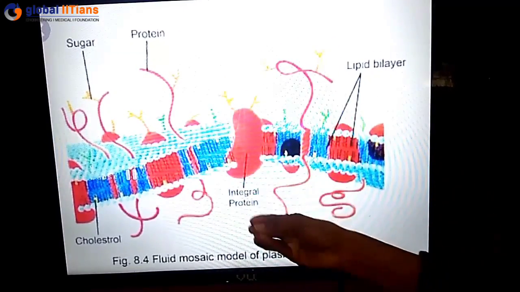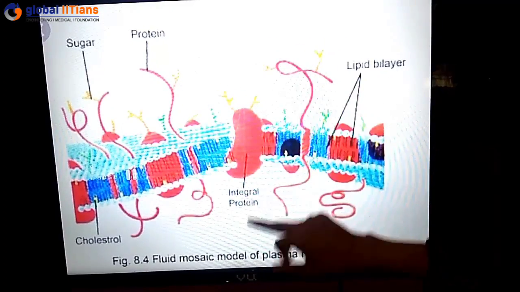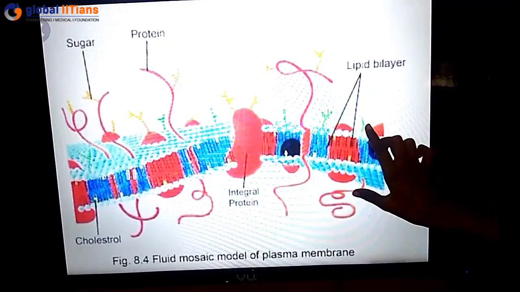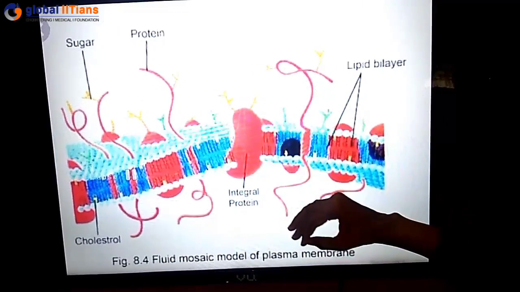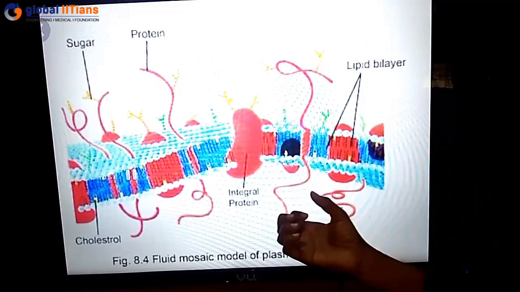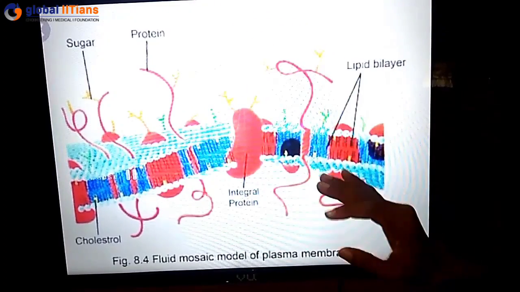A few ions or molecules are transported across this membrane against their concentration gradient, usually from lower concentration to higher, when a molecule has to go from a lower concentration gradient to a higher concentration gradient.